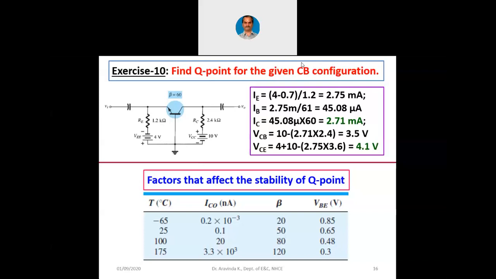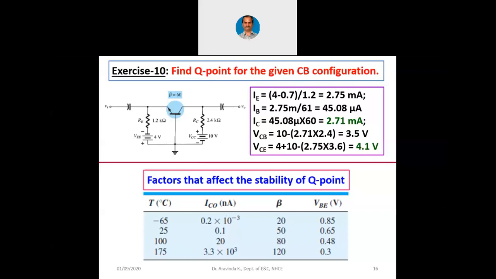But when temperature increases, current definitely increases. Why? What is current? Current is the flow of charge carriers. Basically, it is the flow of electrons. When there is an increase in temperature, naturally electrons will be moving with higher speed, because electrons are attaining that energy from the temperature itself.